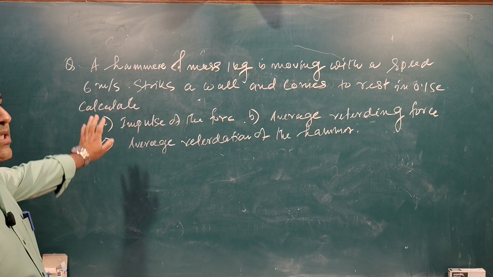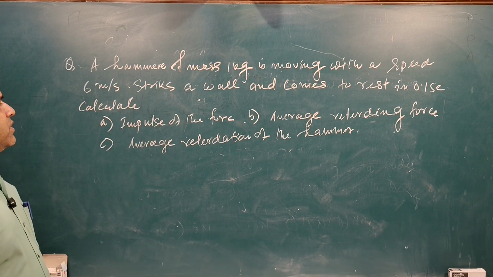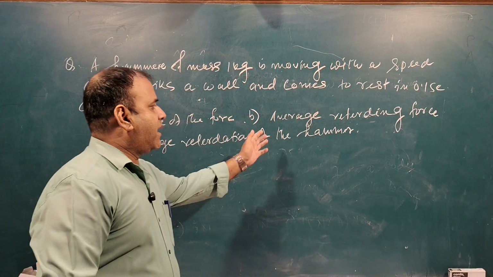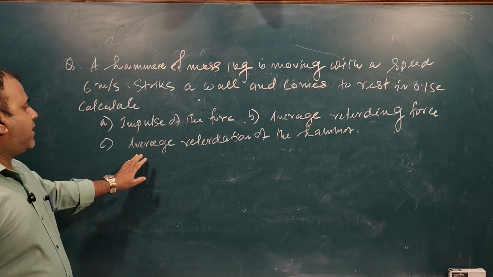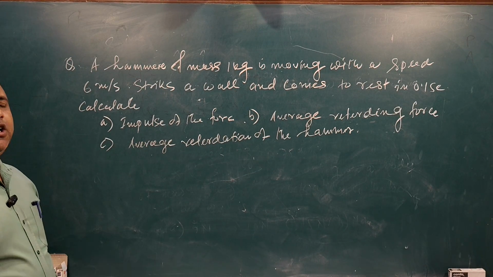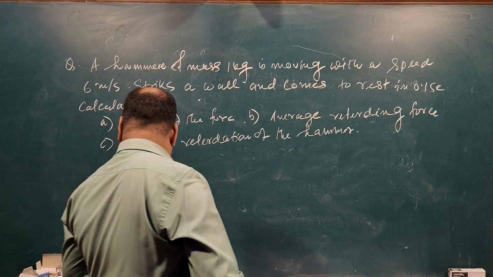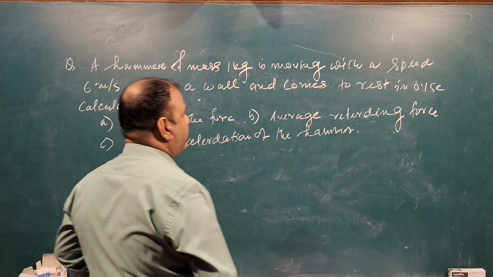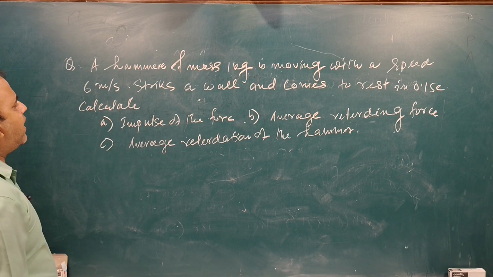So in these questions I have given 3 questions. One is the impulse of the force, number B is the average retarding force, and third is the average retardation of the hammer. In this case you can see a hammer of mass 1 kg.